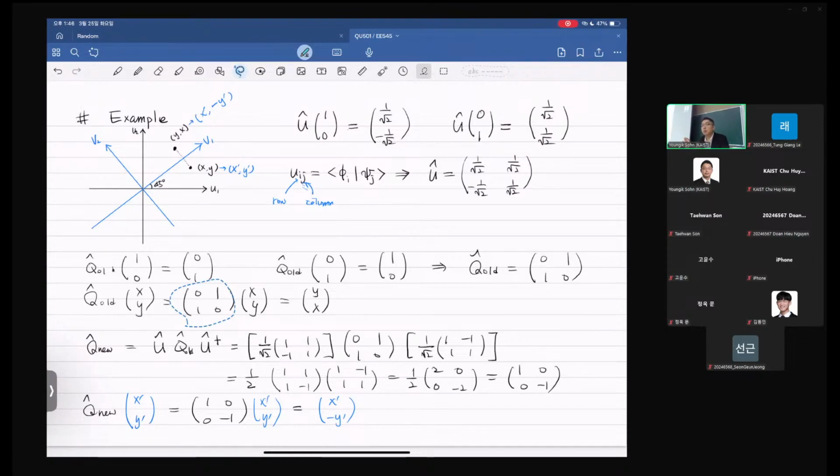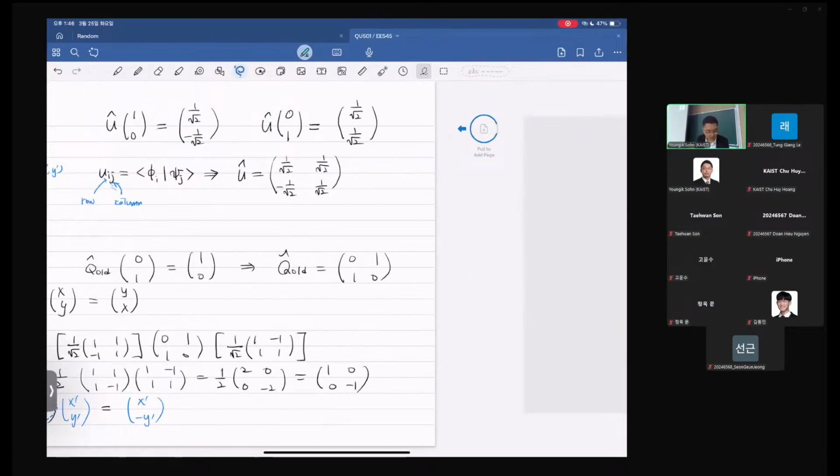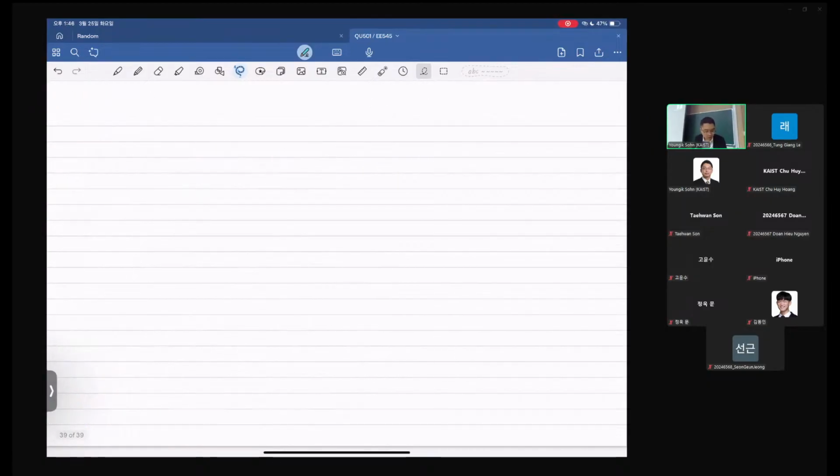But if you use the blue axis, you are expressing it this way. They look like completely different matrices, but they actually mean the same thing. But they are built upon different bases. Okay, so next one. It's very confusing, but whenever you get confused, just go to that slide, okay? That has everything as a tangible example.